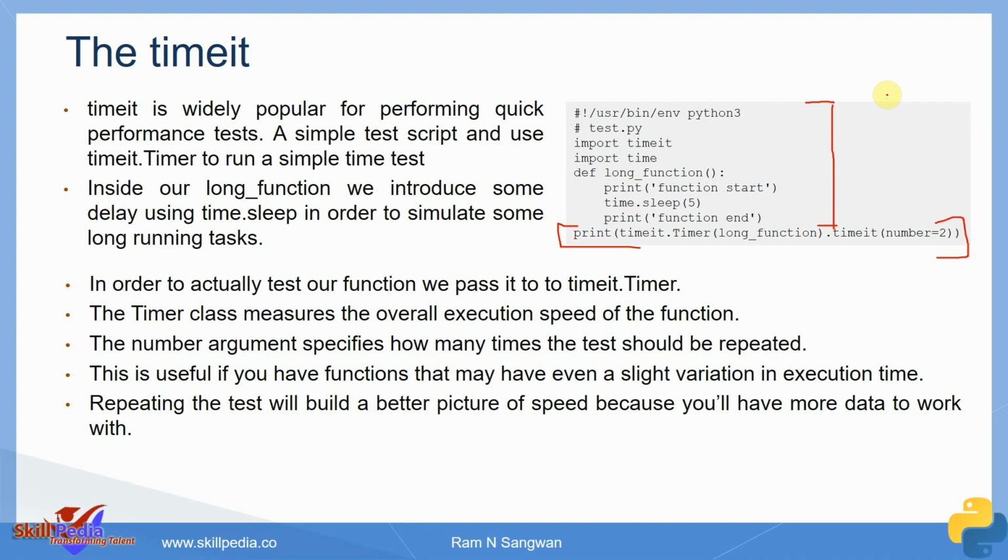Sorting means arranging numbers or words in alphabetical order, or in increasing or descending order of numbers. There are many algorithms which we use for sorting. Which algorithm is best? Which approach is best?